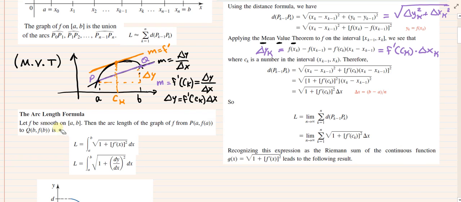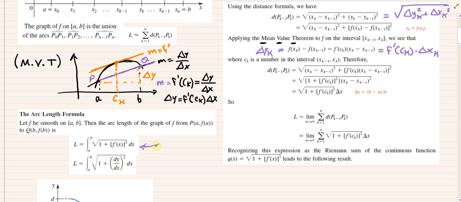A function is smooth. That means there is no cusp, there is no jump, there is no corner. In that case, the function would be smooth. Okay. And if that is the case, then the arc length of the graph from point A to point B is given by the definite integral, which is the limit of the Riemann sum.